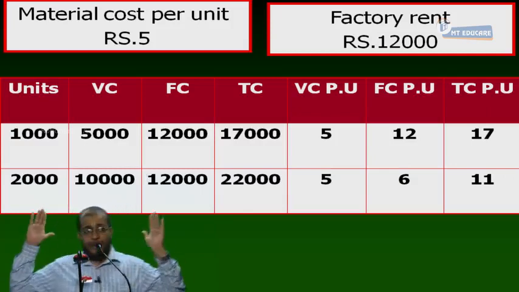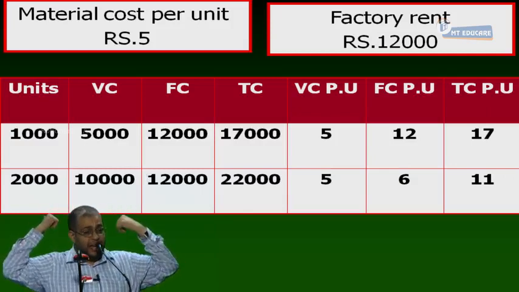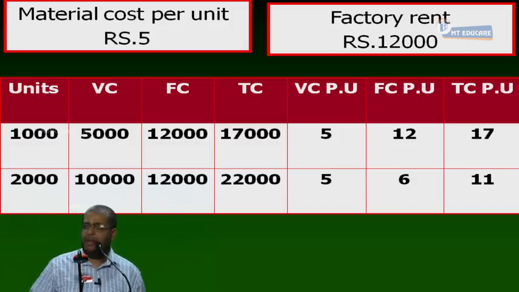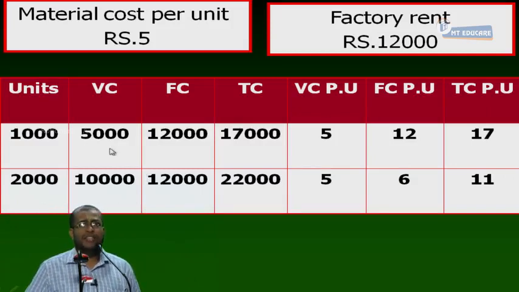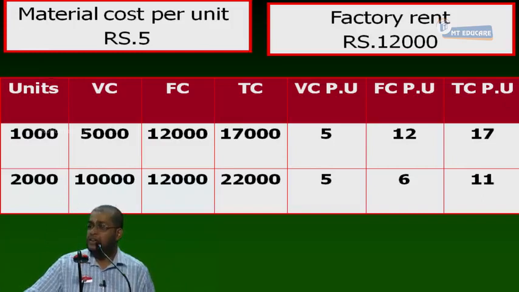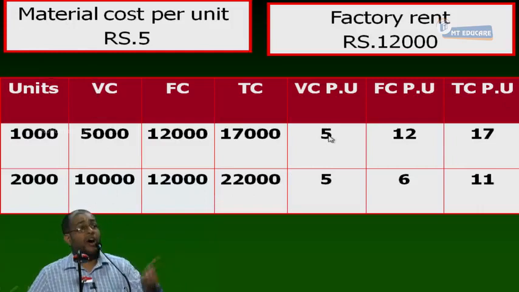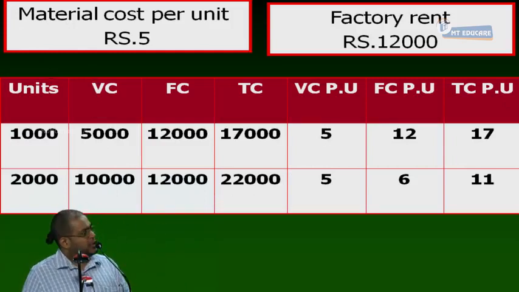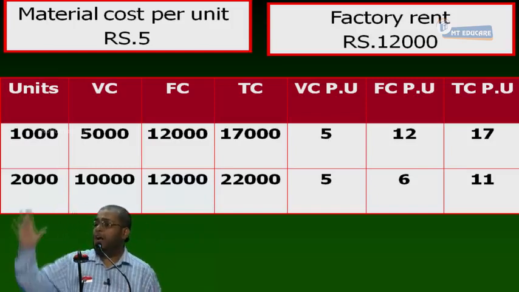Yes or no? Now, from this, observe my wordings. Variable costs are those costs which vary in total but remain constant per unit. Whether I produce 1 unit or 1,000 units or 2,000 units, the variable cost per unit is always 5 rupees.